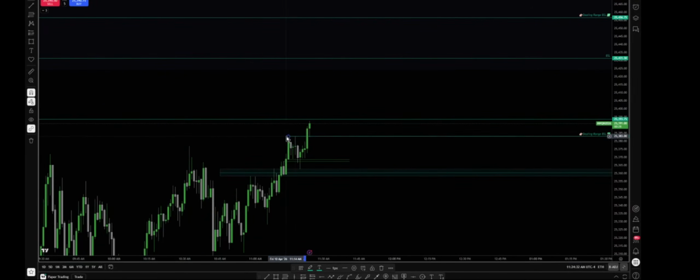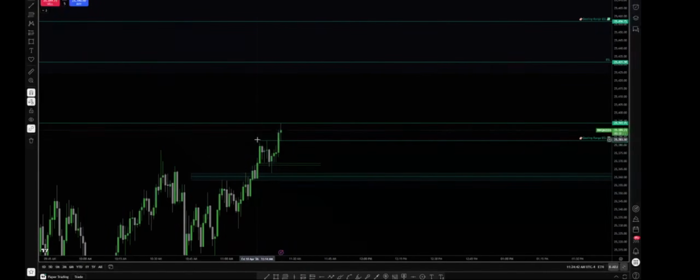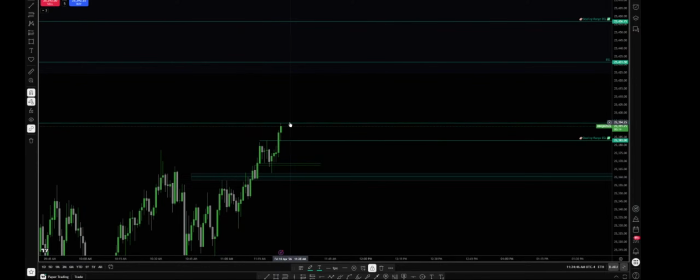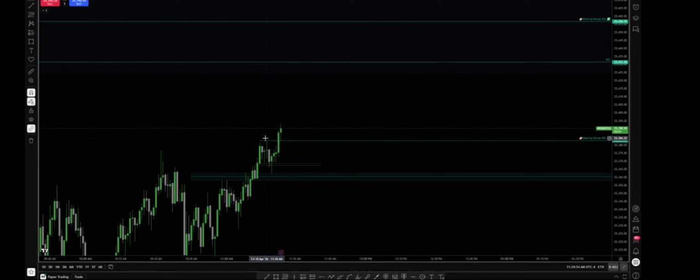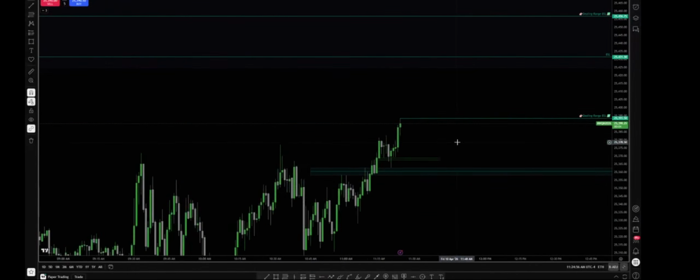If it takes that high, I will remove that one and move this one above that, because no retracement happened. The proper retracement is not there yet. So that's 25% pretty much taken, so let me remove it. Taken means it tapped it, because I'm going to move it there.